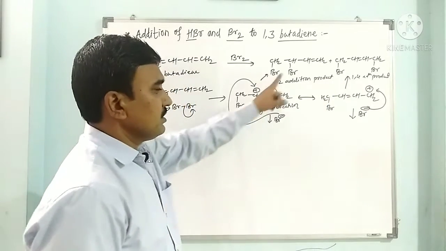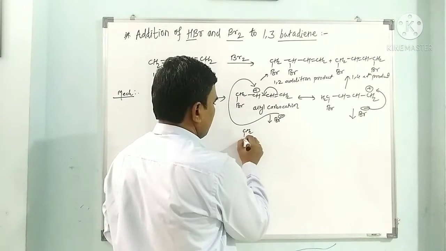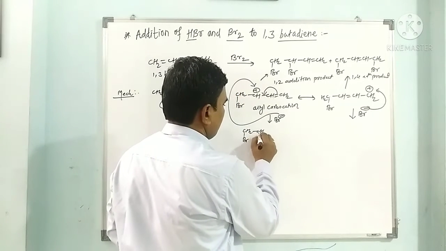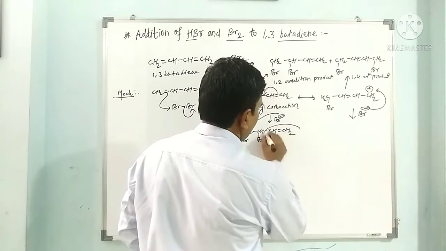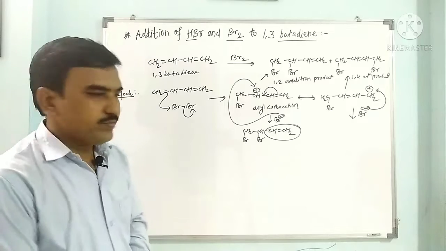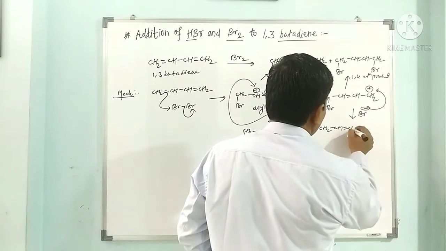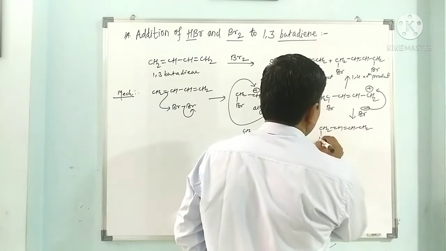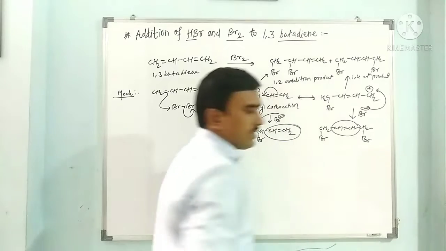The 1,2 addition product is CH2Br, CHBr, CH double bond CH2. So here this is a terminal alkene, while here we get CH2, CH double bond CH, CH2, with Br here and Br here, so this is an internal alkene.